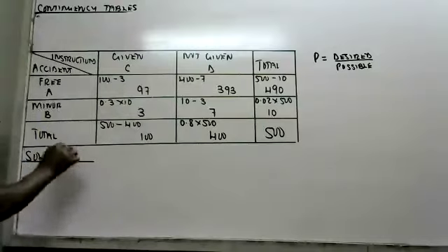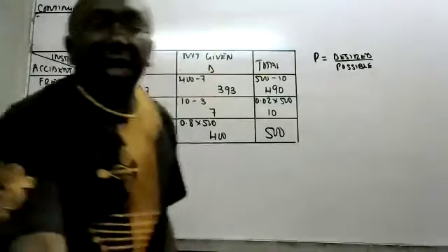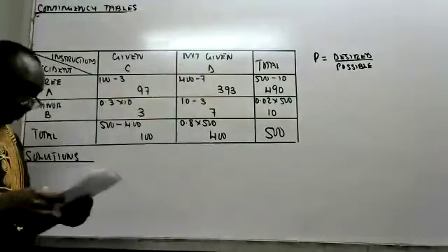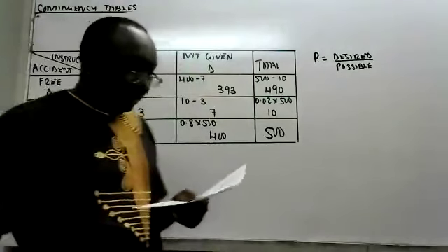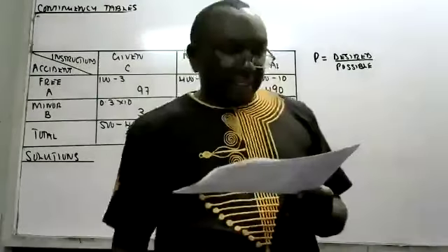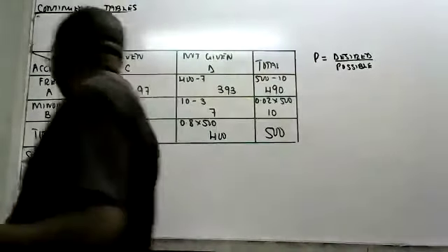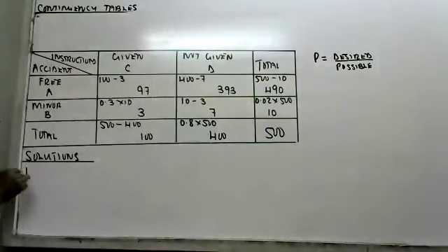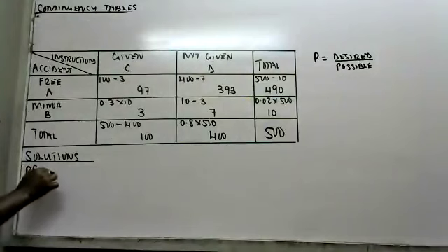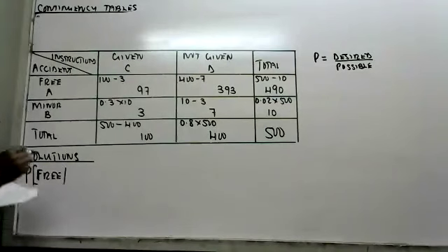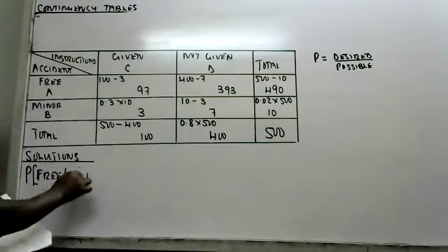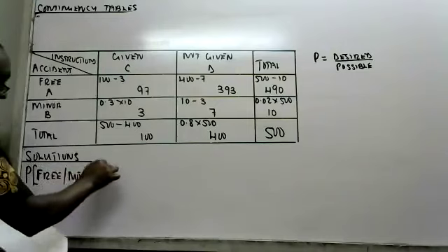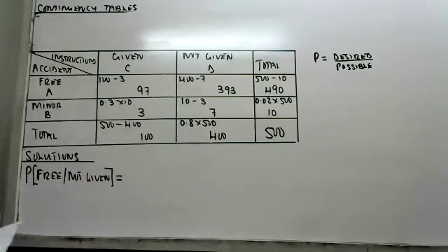The solutions are: find the probability of an employee being accident-free, given that he had no safety instructions. So probability of accident-free, given that he was not given the safety instructions.